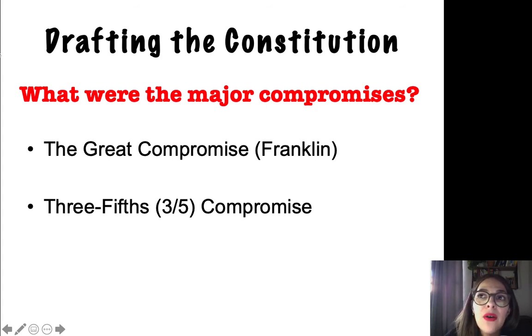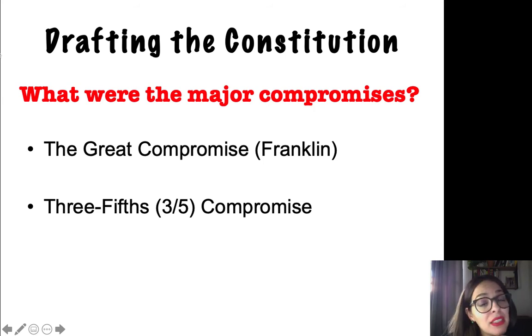And so how is it that they're going to count slaves? Well, what they essentially agree to is that 1 slave equals 3/5 of a person. Okay, so for its entire slave population, it's going to count for 3/5, rather than 1 to 1.